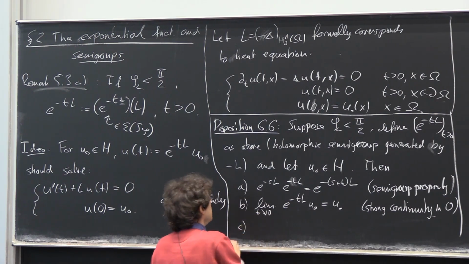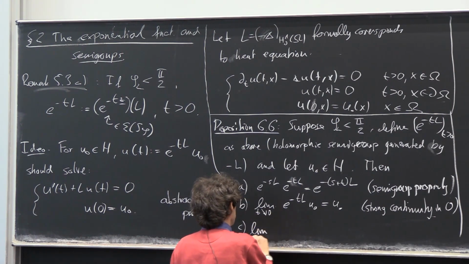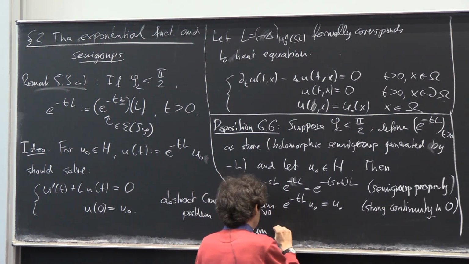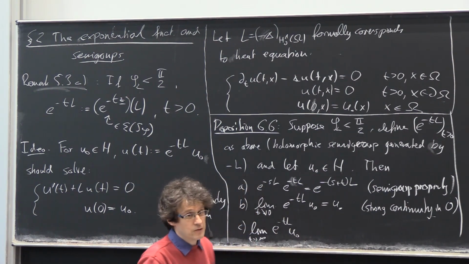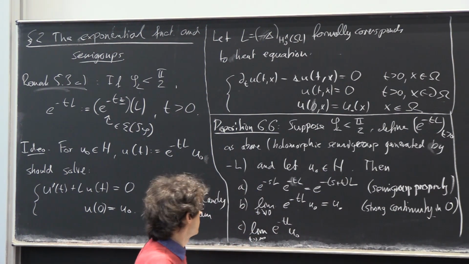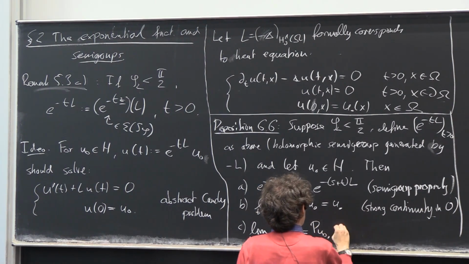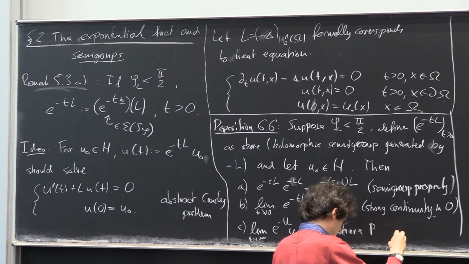Then we also get some information about the long time behavior of the semigroup. So if you look at the limit t to infinity of e to the minus tL u_0, this gives you the long time behavior of the solution to the abstract Cauchy problem, then you get P u_0, where P is some projection.